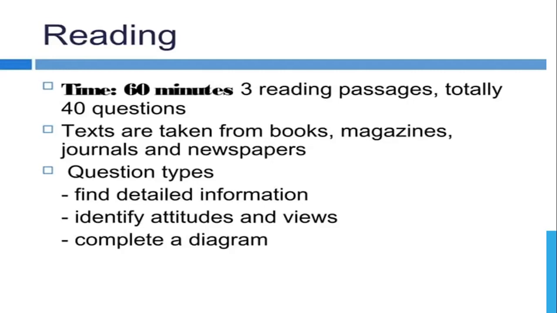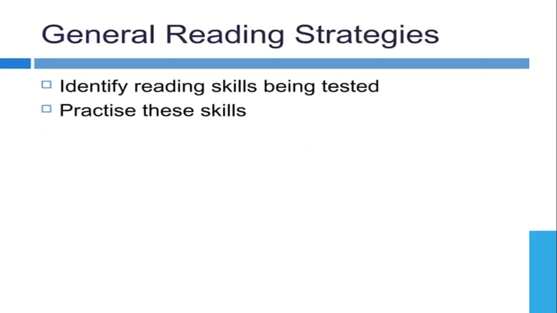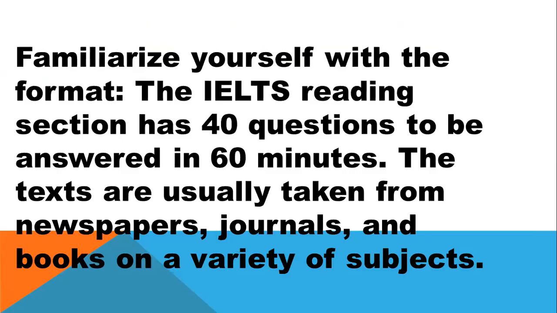Sometimes there will be a diagram as well to complete or to label, okay? Reading strategies: identify the reading skills being tested, and practice these skills like skimming and scanning and getting the meaning from some information. You must be able to comprehend what the information is about.